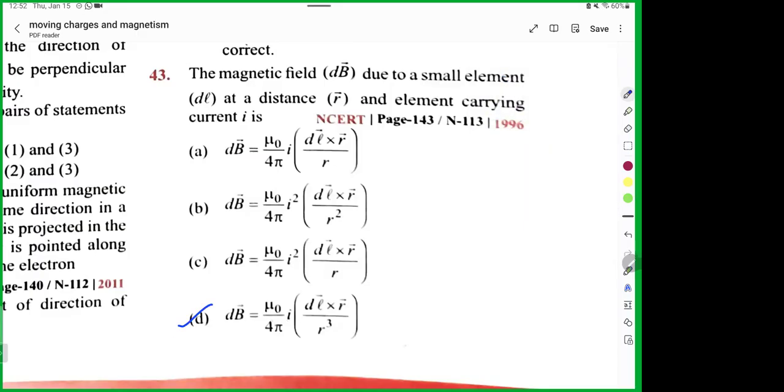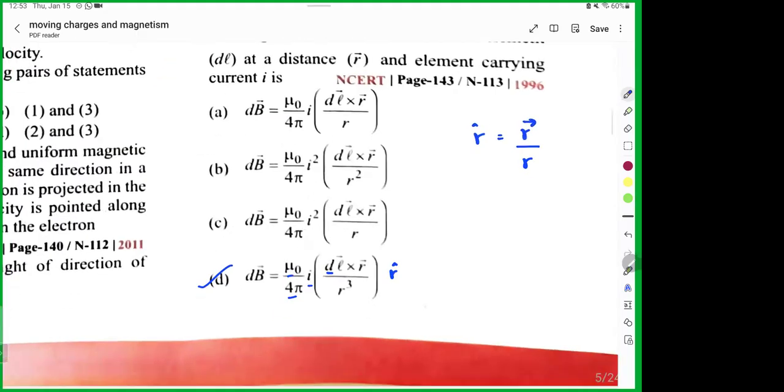Because in vector form, it is nu naught upon 4 pi I dl. If you take r cap, then it will be r square. But r cap is equal to r vector divided by r magnitude. So that's why you will multiply by r vector divided by r magnitude. Understood? Any doubt?